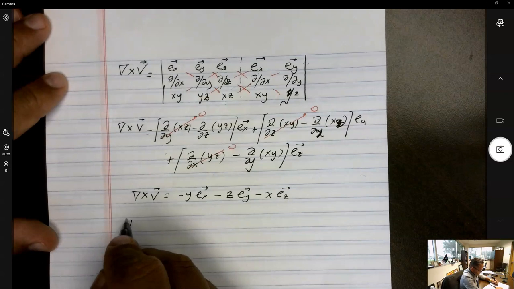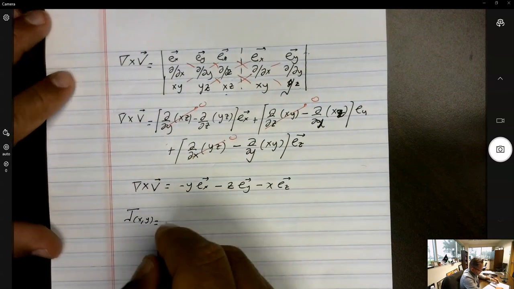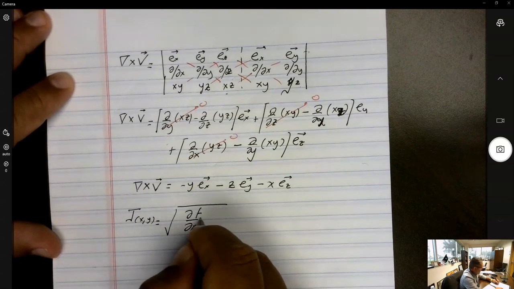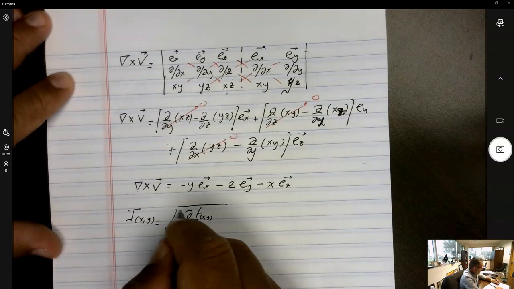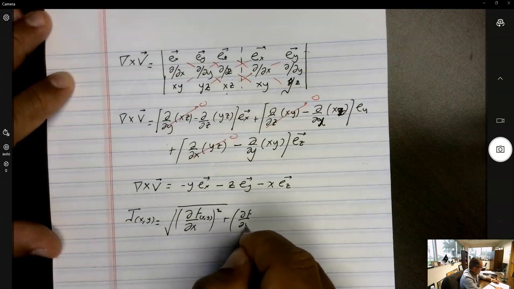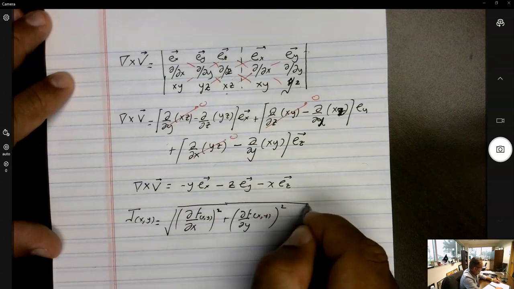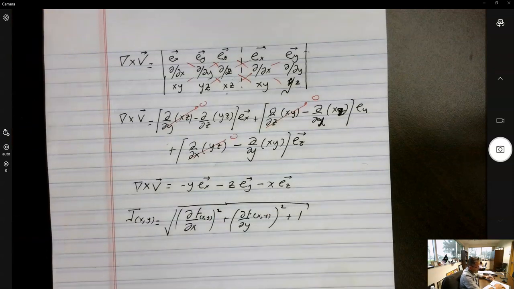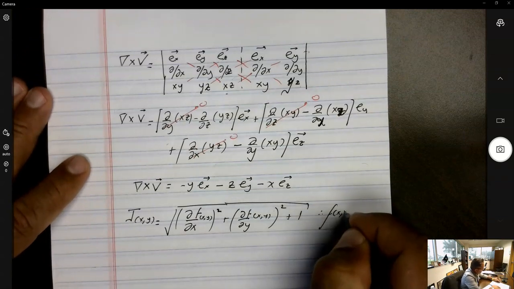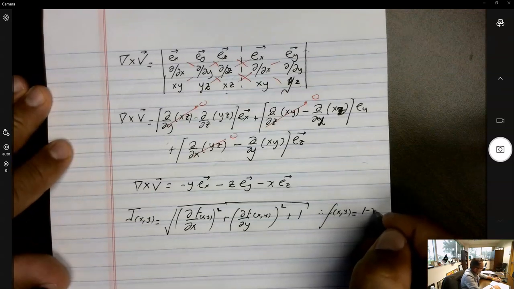The Jacobian in the xy plane is the square root of the f dx in the xy plane squared plus the f dy in the xy plane squared plus 1. Remember that the function that defines the surface is 1 minus x squared.